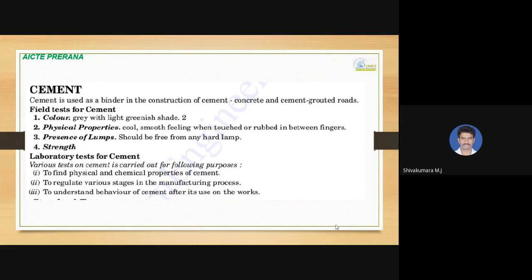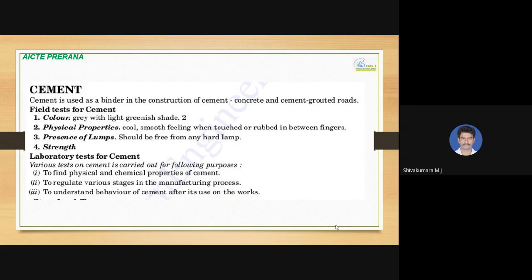And if you take a pinch of cement and feel it between two fingers, you should get a smooth feeling when you rub it, and there should not be any presence of lumps in the cement. If any lumps are there, it is a sign of hydration of cement, and it should be stiff enough. If you make a pat of cement and keep it inside water and take it out after that, it should be able to retain its shape.